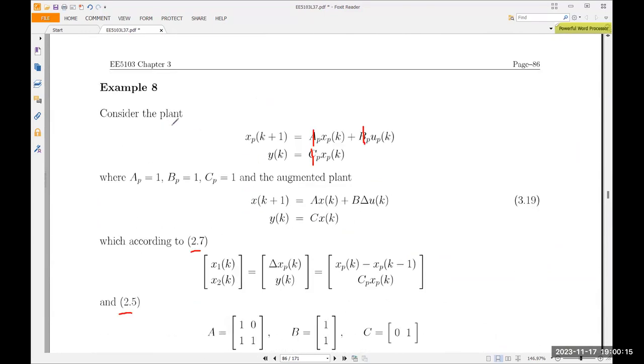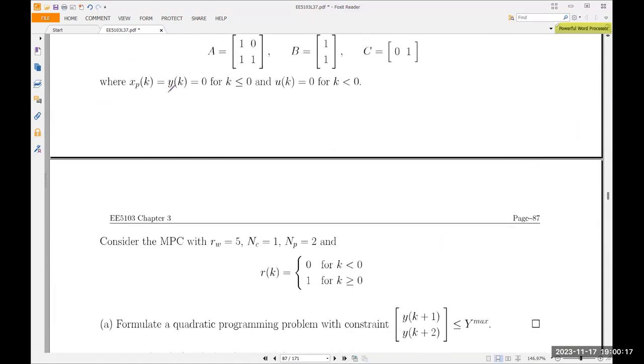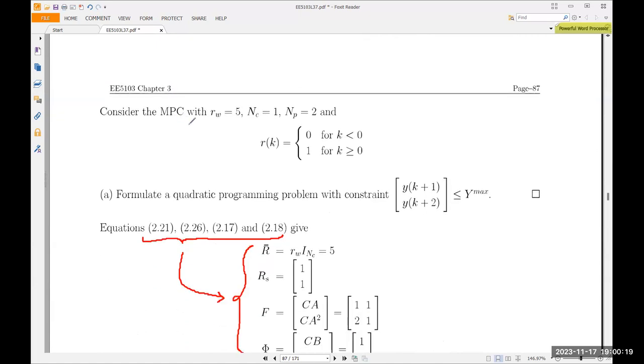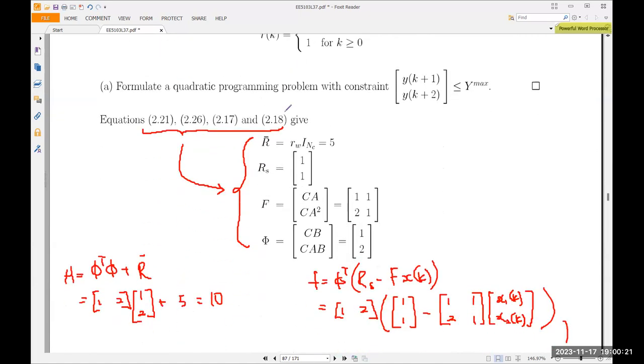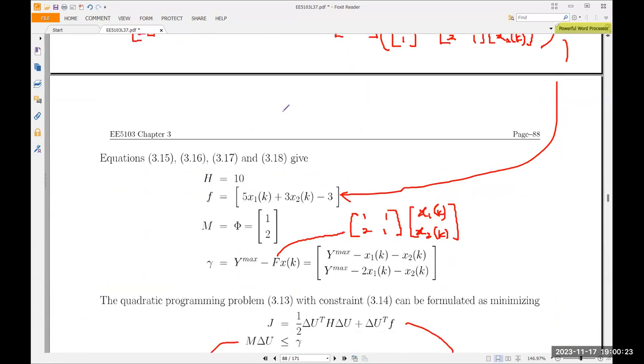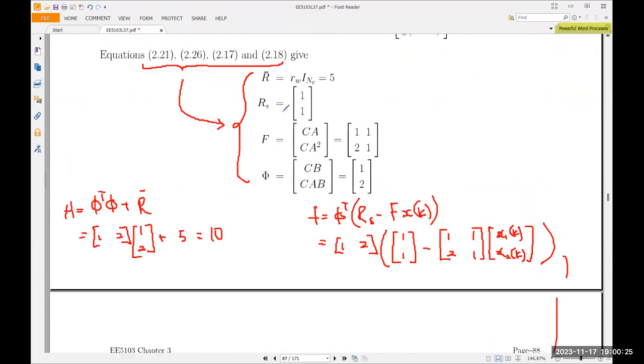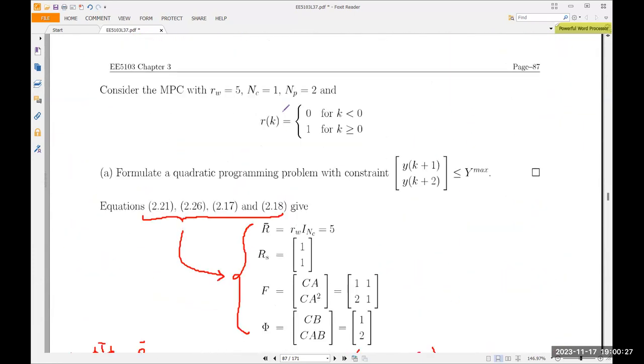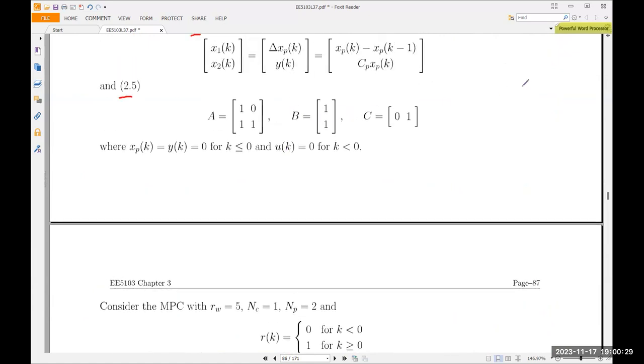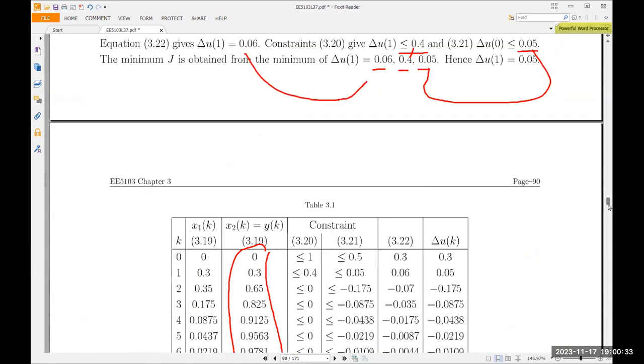All right, so this is example 8. When you calculate all this, everything is the same, you can follow all the calculation here. Okay.